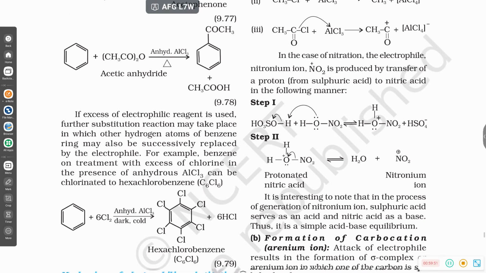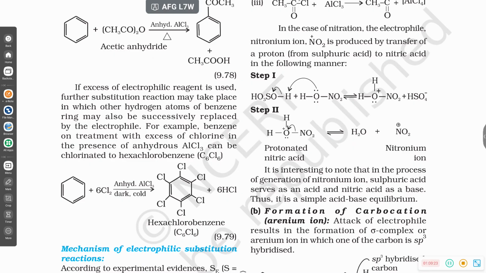For example, an important point: I am doing monohalogenation with Cl2. With excess Cl2 in the presence of anhydrous AlCl3, other hydrogens are replaced by Cl, one after another. What is forming here? This is called hexachlorobenzene, HCB, C6Cl6.